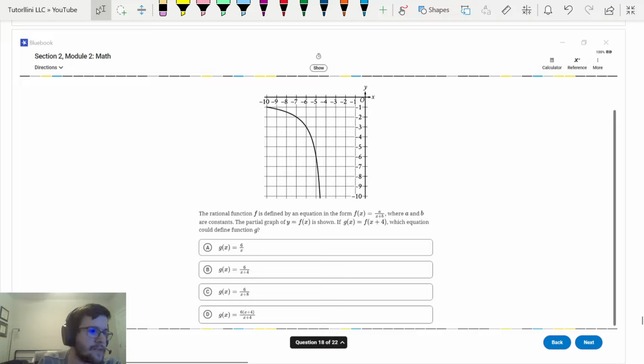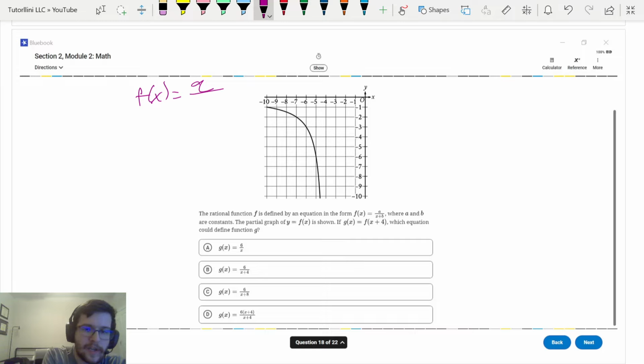They did it a little bit differently. They plugged in a bunch of points. What I think makes this one easier is if you recognize that there's pretty clearly a vertical asymptote here, where f of x equals a over x plus b.